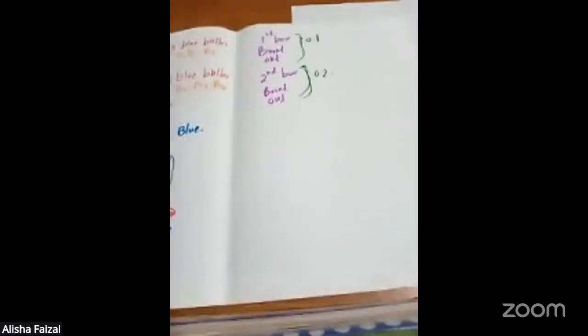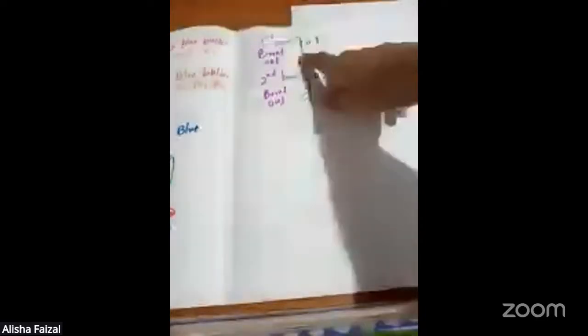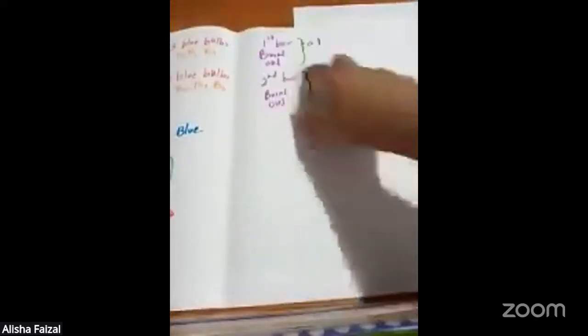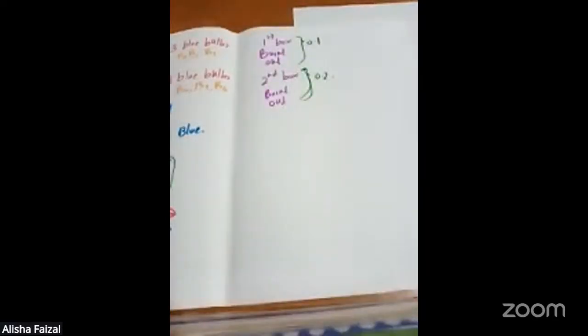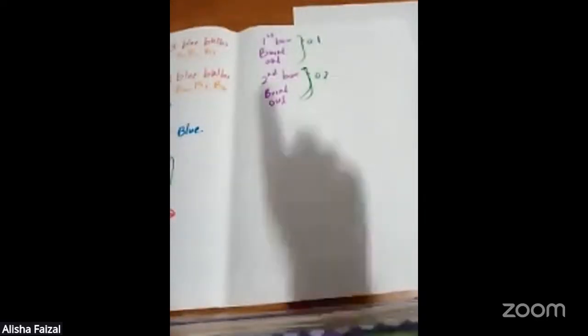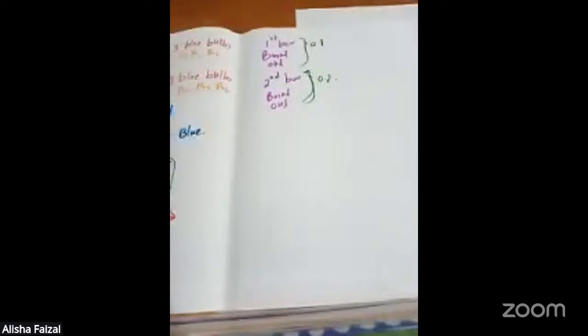So what am I saying here? The first box being burnt out probability is 0.1, and the second box being burnt out probability is 0.2. The student examines the bulb from the first box, and only if this bulb is burnt out, he will take a bulb from the second box.